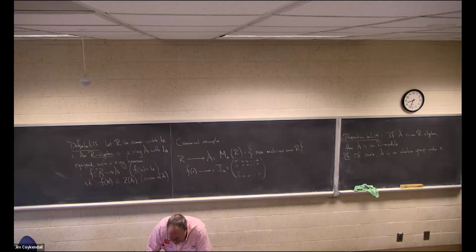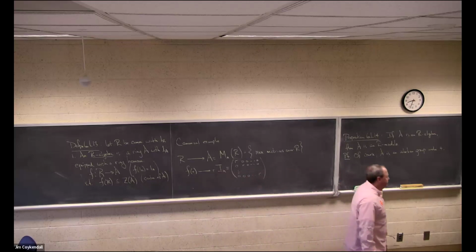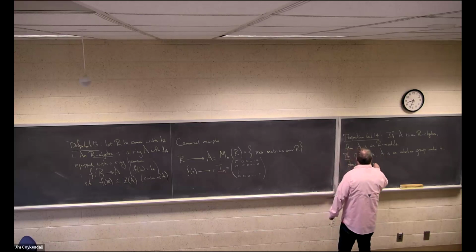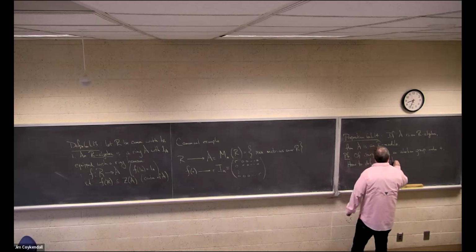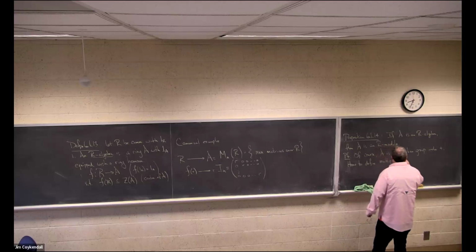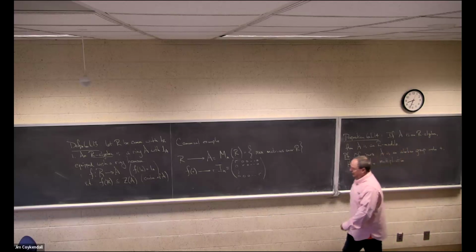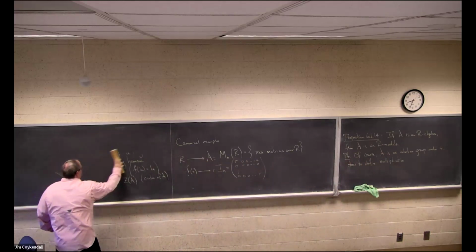Now the question is, how do I define my multiplication? And I'm going to make this actually a two-sided module, right? Because R is a commutative ring.